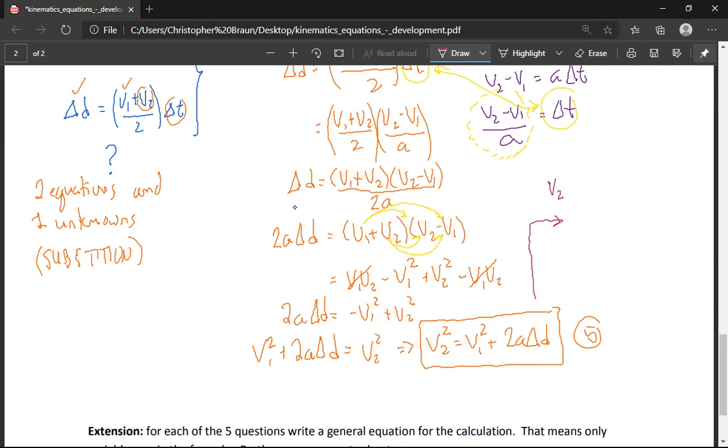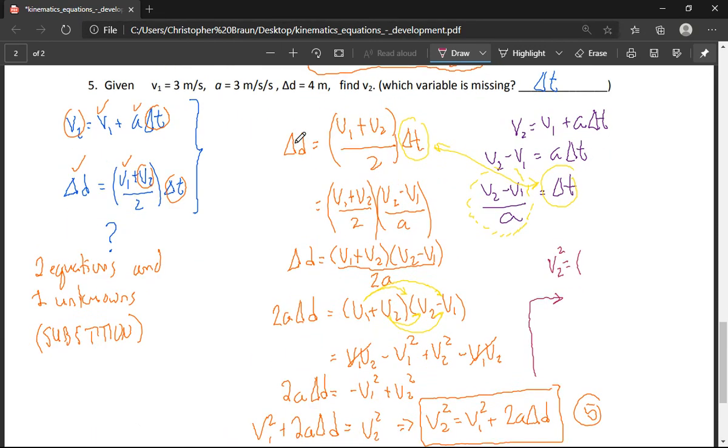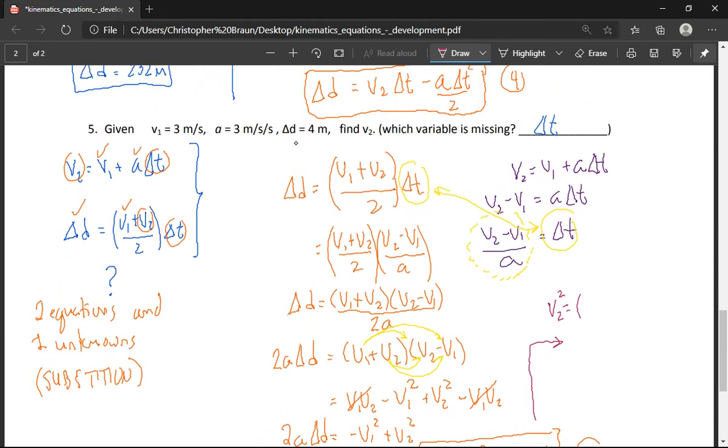So v2 squared equals, so v1 was 3 squared plus 2 times the acceleration, which happened to be 3 as well, times the displacement, which is 4.